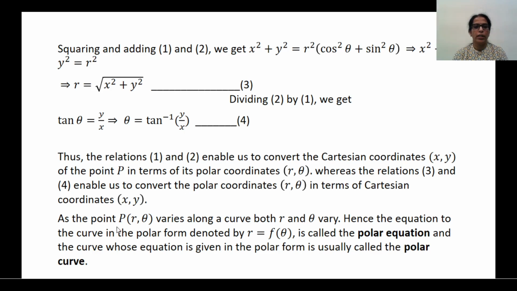As the point P of r comma theta varies along the curve, both r and theta vary. Hence, the equation to the curve in polar form is denoted by r equal to f of theta and is called the polar equation, and the curve whose equation is given in polar form is usually called the polar curve.